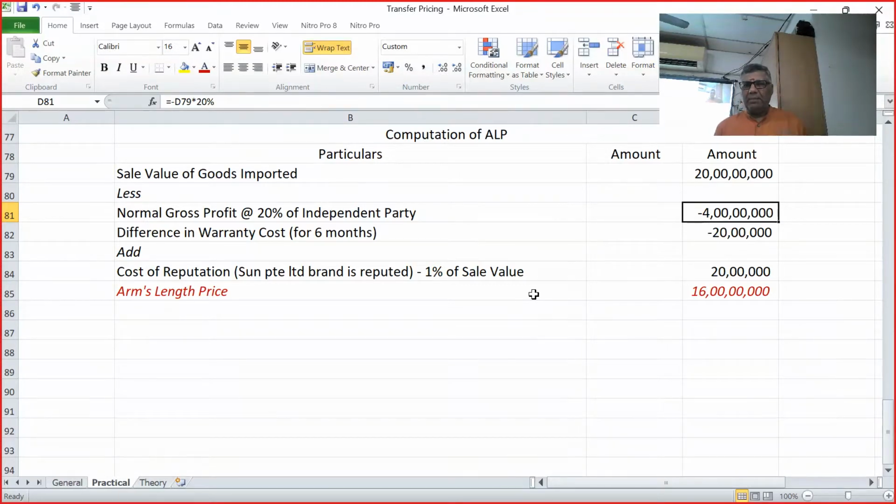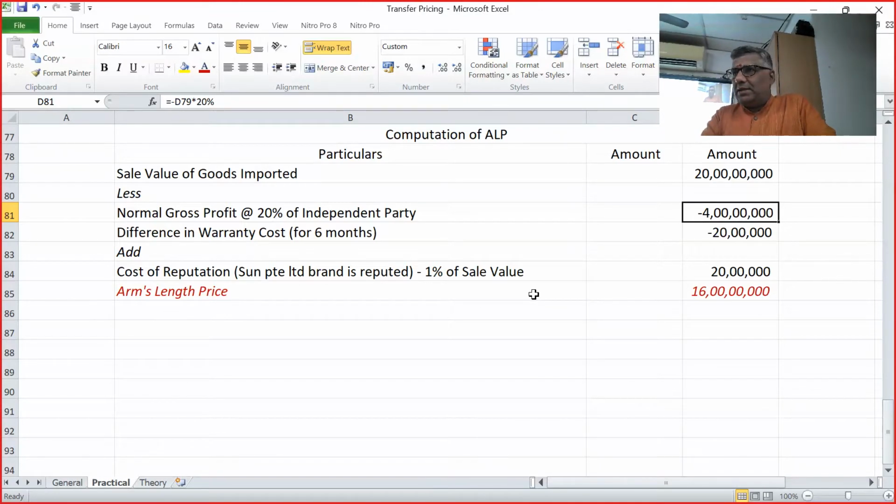The second method we saw is resale price method, which is for goods or services imported and sold. The third method is cost plus method, which is for export of goods.